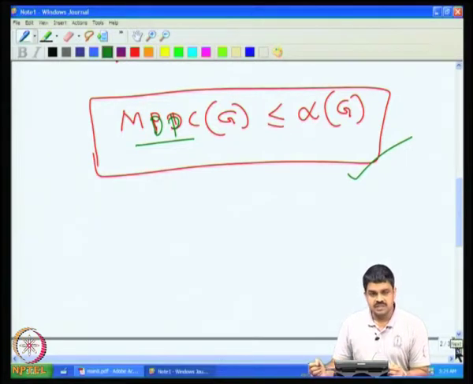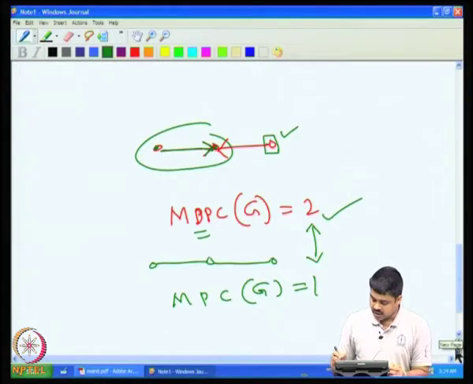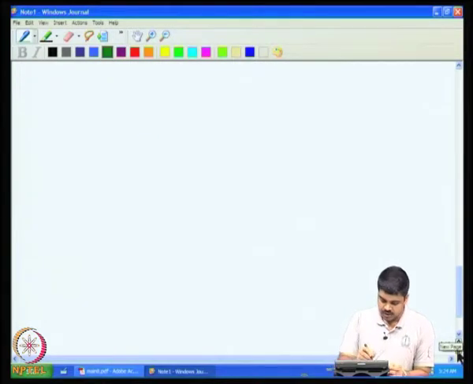Just to understand this question, we may look at the undirected version of this thing. So given an undirected graph G, I am interested to prove, is this true?